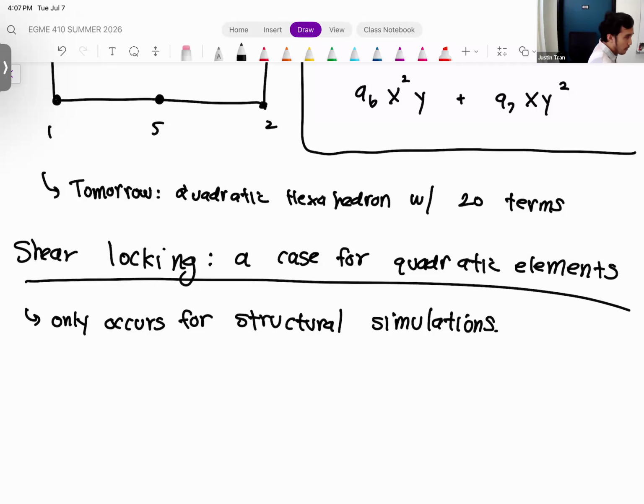All right, so if you recall from last week, when we're running a structural simulation, the primary variable, meaning the variable that's solved for first in our finite element solution, is the deformation or the displacement.